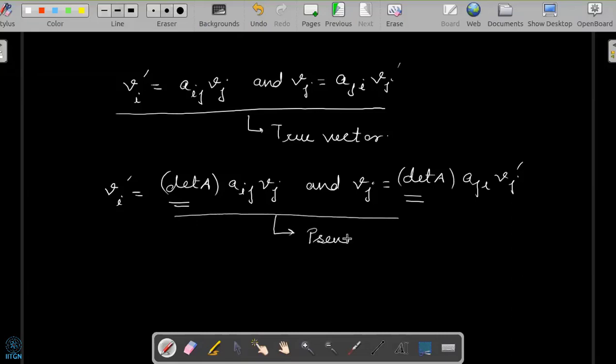I hope you have heard this word pseudo vector. And what is the example of this? Okay, so let's consider a mirror, and you are observing something moving with velocity v, or applying the force. In the mirror image, you will get the same, the direction will be the same.